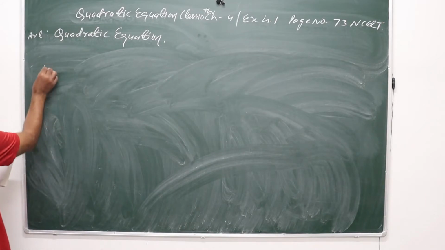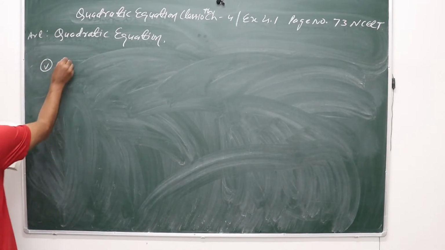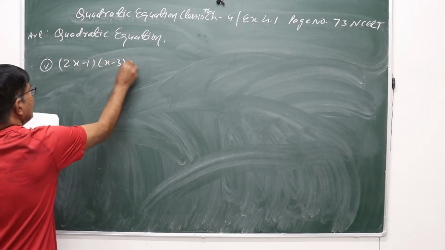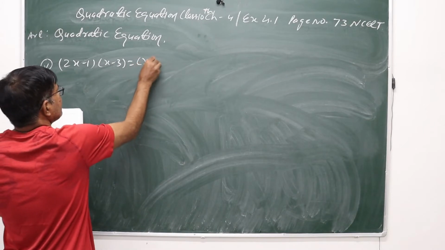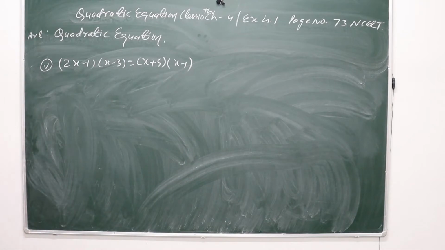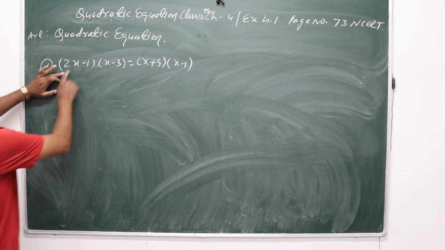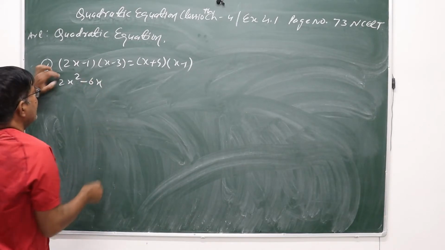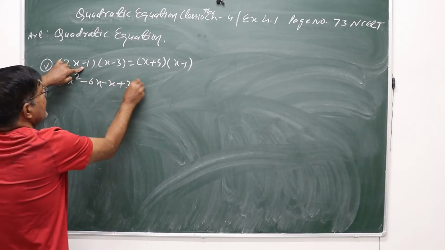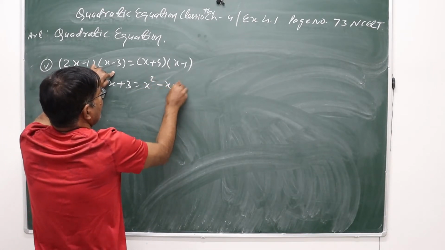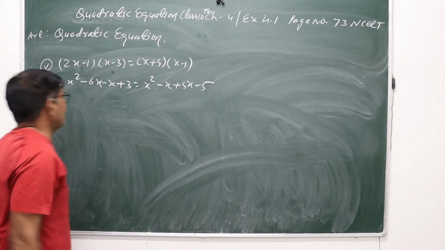Question number 5 of first part: 2x minus 1 into x minus 3 is equals to x plus 5 into x minus 1. So let us multiply first. 2x into x, 2x square, 2x minus 3, that is minus of 6x, minus x plus 3 is equals to x into x, x square, minus x plus 5x minus of 5.